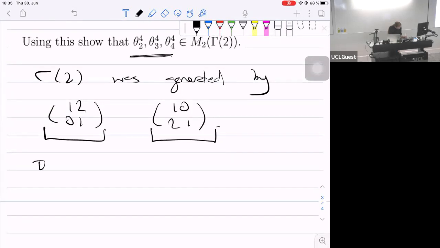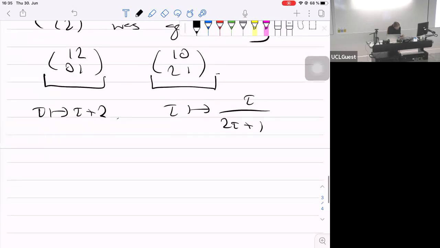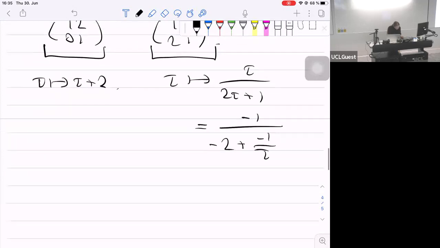So the first one is just sending tau to tau plus 2. The second one, we're sending tau to tau over 2 tau plus 1. And it's going to be a bit nicer to rewrite that as minus 1 over (minus 2 plus minus 1 over tau).